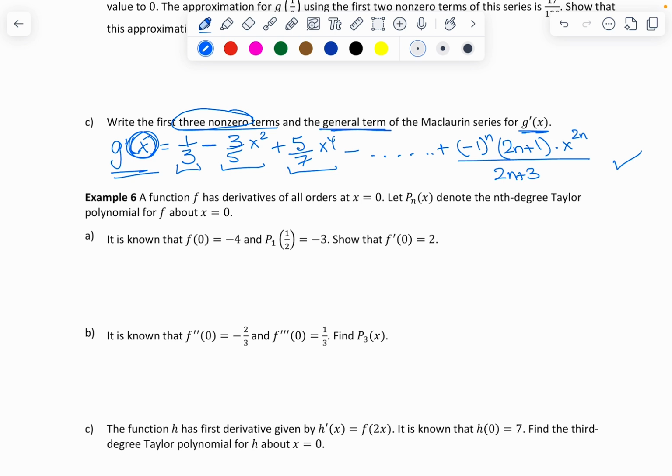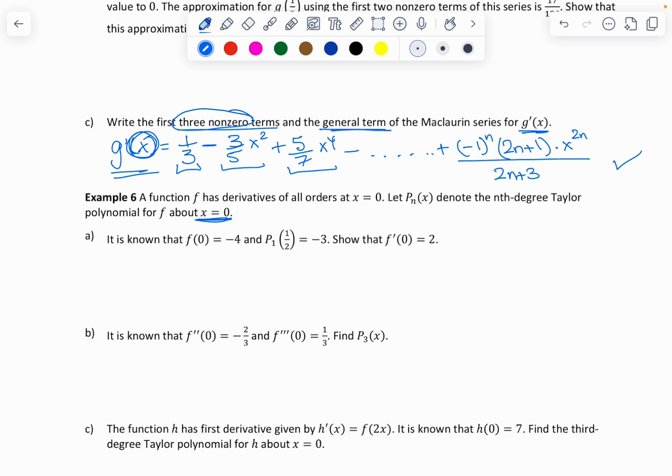And that's it. All done with that. All right, the next part says a function f has a derivative of all orders at x equals 0. Let Pn of x denote the nth degree Taylor polynomial about x equals 0. So what type of Taylor polynomial is this? This is a Maclaurin.